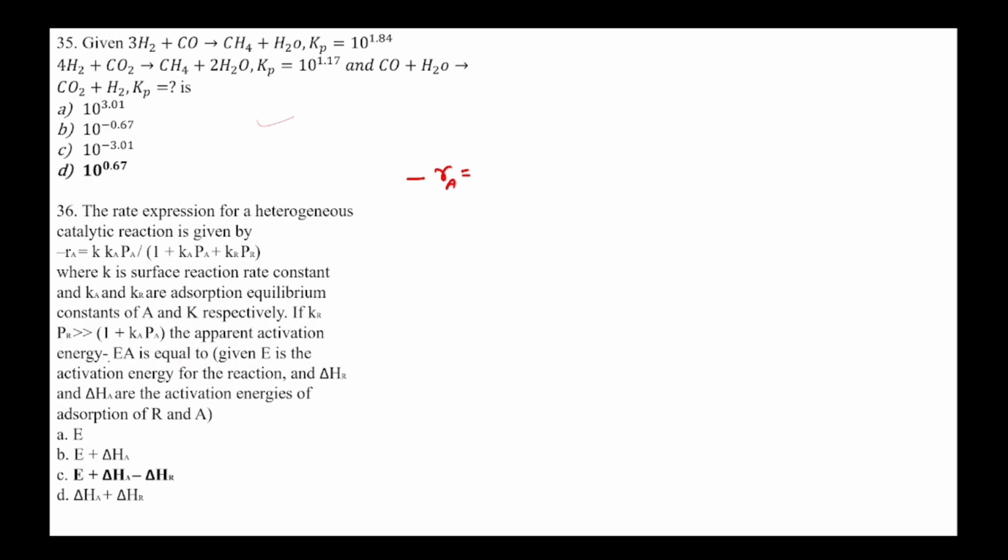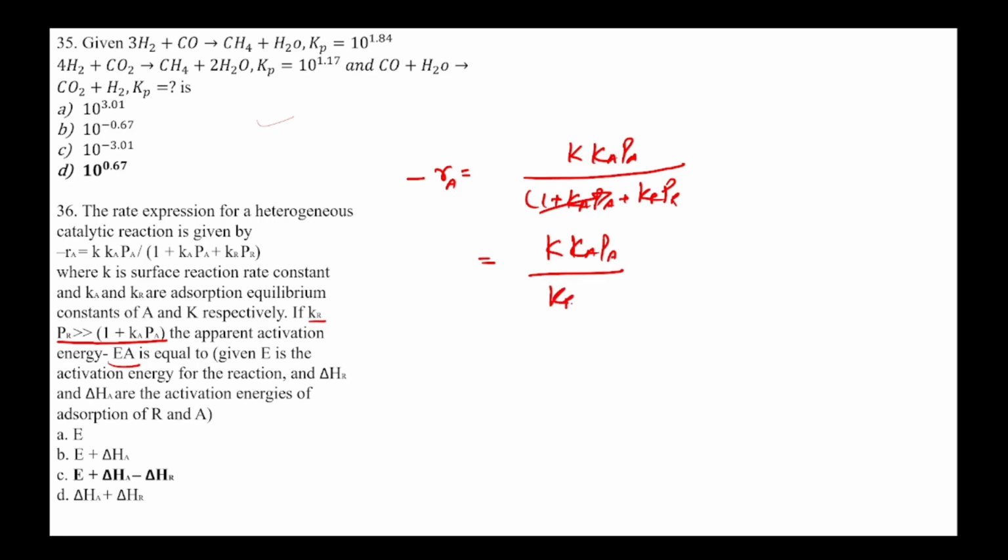So we have, first, K KA PA over 1 plus KA PA plus KR PR. We have the condition that KR PR is greater than this one, so this will become 0, and we get K KA PA upon KR PR.